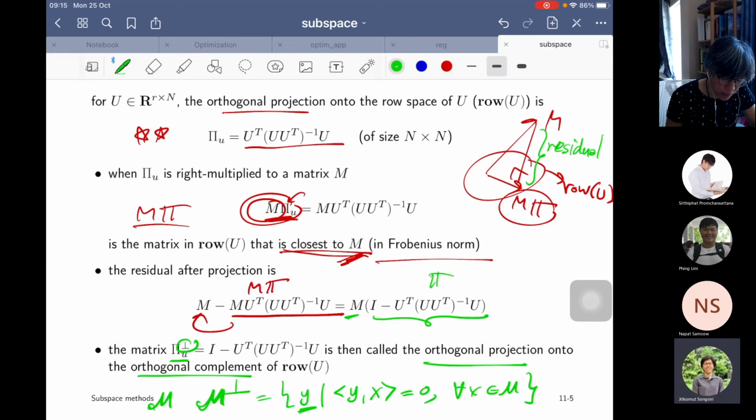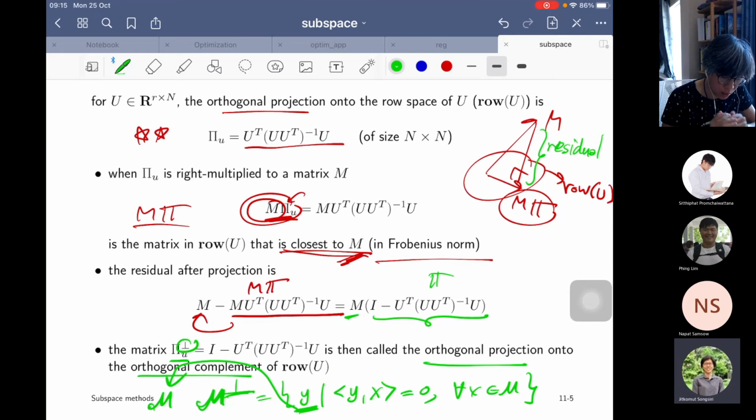It's a vector space that contains all the vectors that are orthogonal to all the members in M. That's why they call it the orthogonal complement and use the notation M perp.